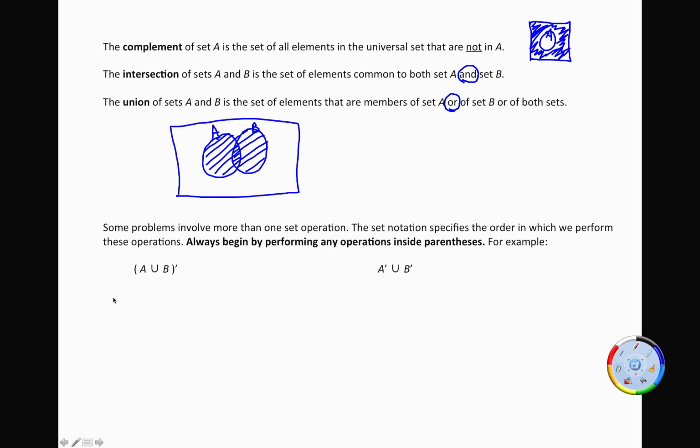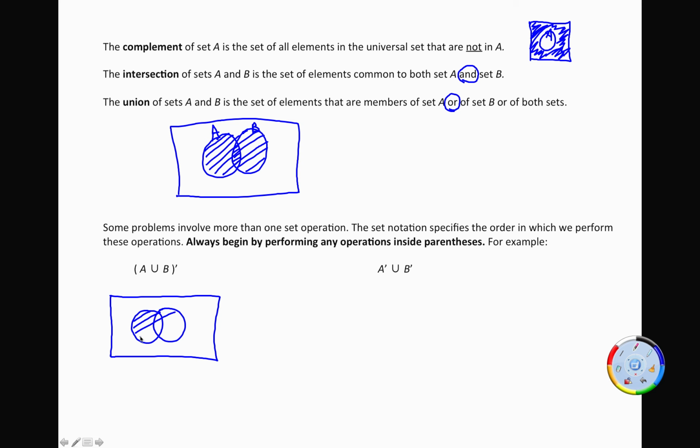For example, if I was going to try to determine with a Venn diagram what it means to be the complement of A or B, first of all, I need to know what A or B is inside my parentheses. And we know that here's A or B, right here.